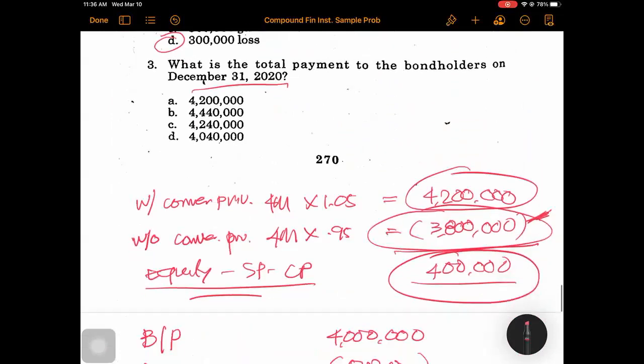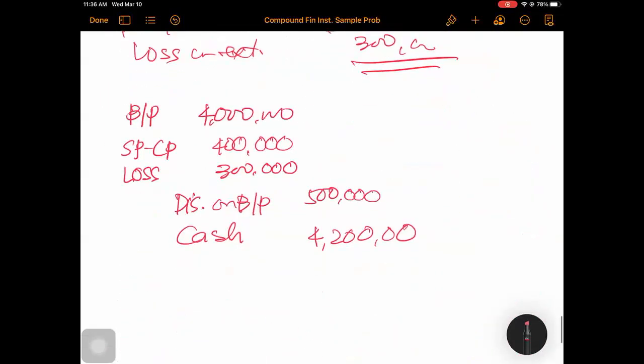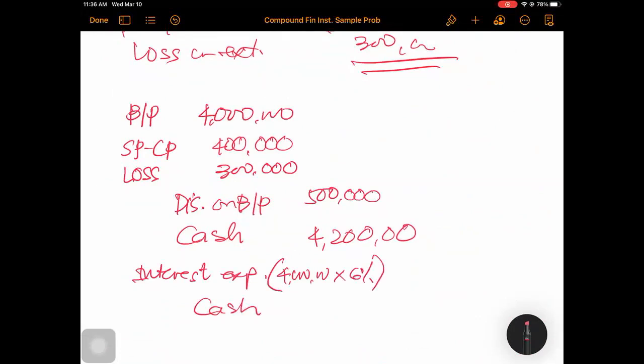So, since atong entry diri wala pa labot interest, so we need to add interest expense. How do we compute the interest expense? That's 4 million times the 6% interest rate. That's 240.